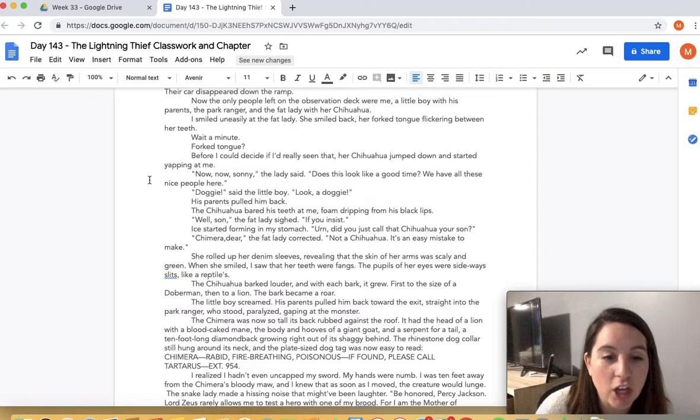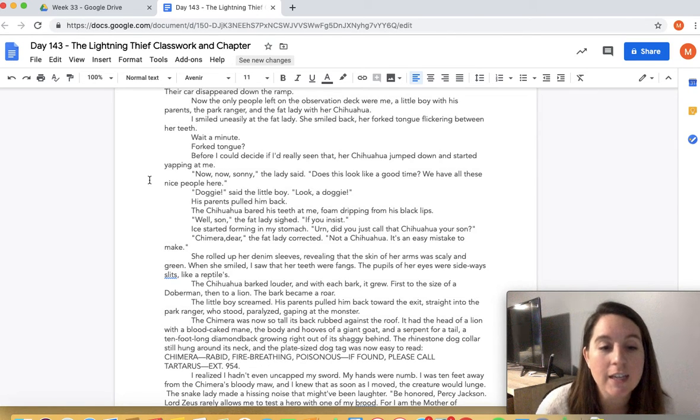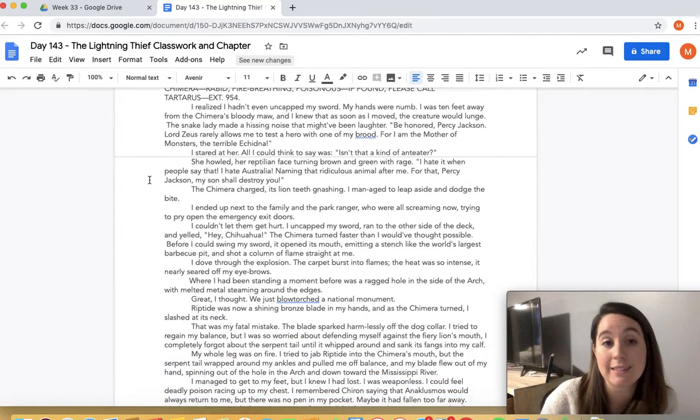A ten-foot-long diamondback, growing right out of its shaggy behind. The rhinestone collar still hung around its neck, and the plate-sized dog tag was now easy to read. "Chimera. Rabid, fire-breathing, poisonous. If found, please call Tartarus, extension 954." This is not good, you guys.